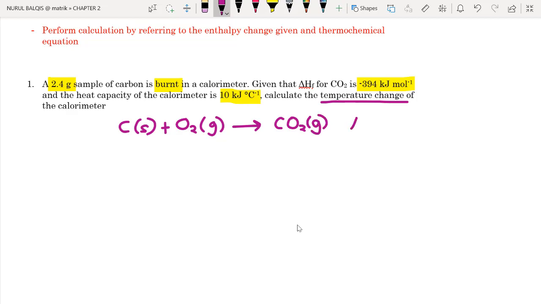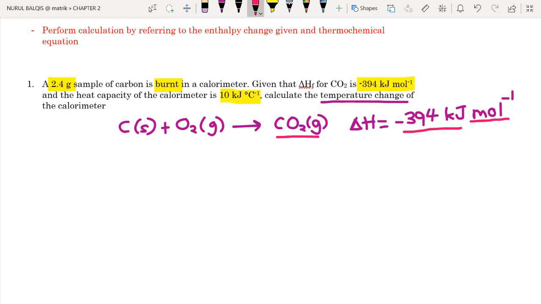Don't forget the delta H because it is part of the thermochemical equation, which in this case the value is negative 394 kilojoule per mole. So this delta H tells us that 1 mole of carbon dioxide releases 394 kilojoule energy.